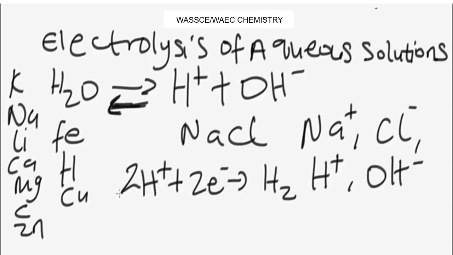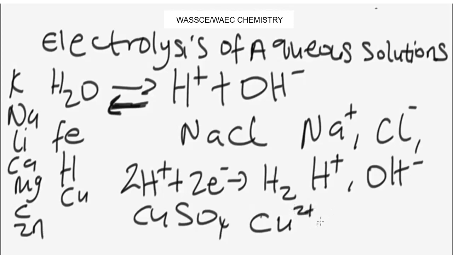For instance, in the electrolysis of copper sulfate, copper is less reactive than hydrogen in the reactivity series here. So the reduction equation is: copper ion gains 2 electrons to form copper atom. That's basically what you are going to have.